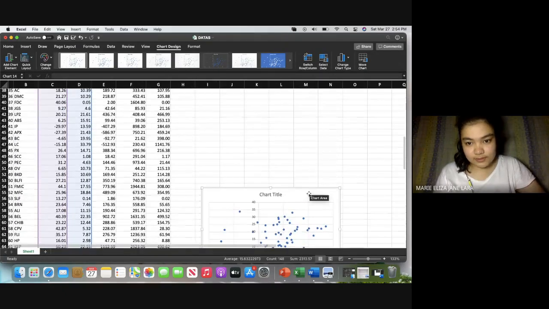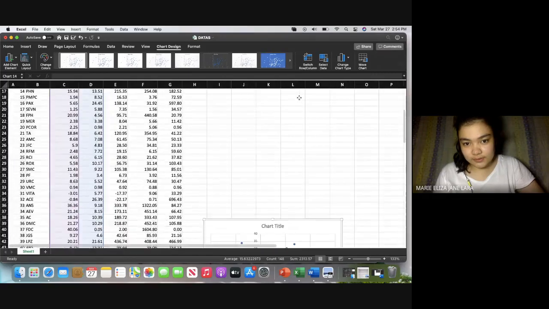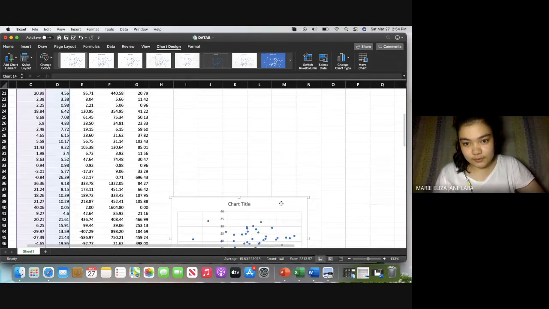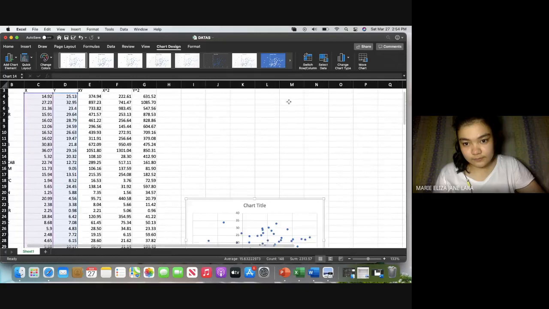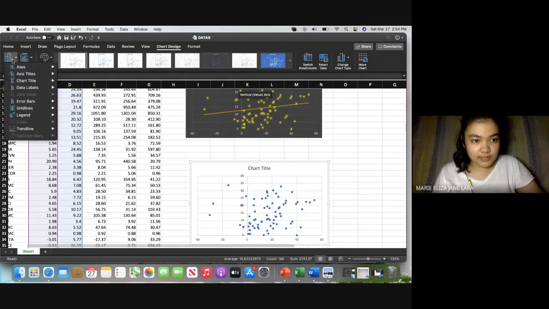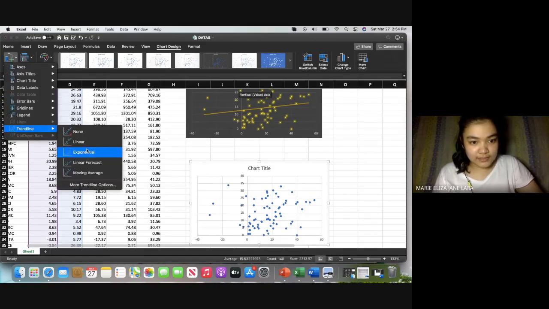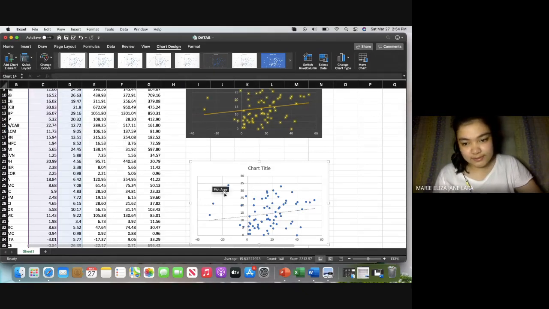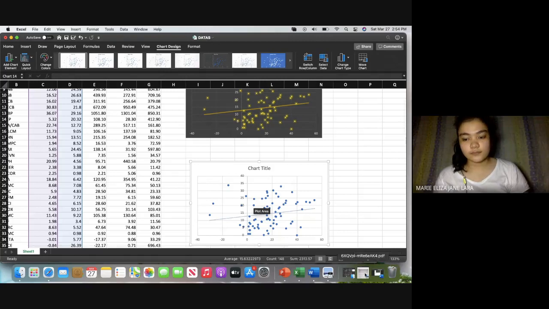It already looks like the one up here. And then for the trend line, you just have to go to add chart element, trendline, linear, and that's it. So that's it. I close this.